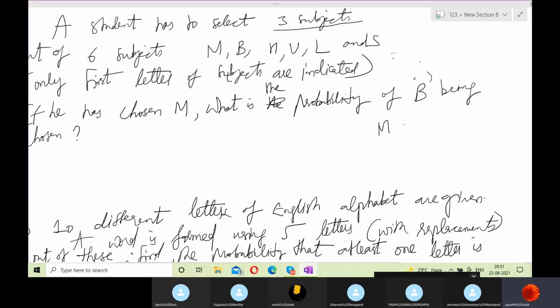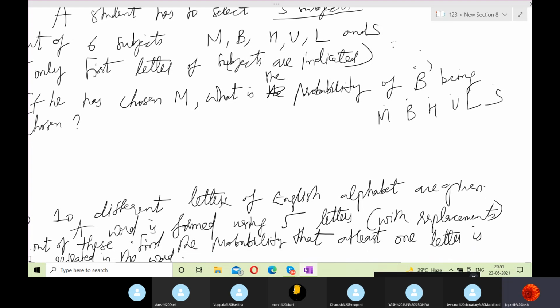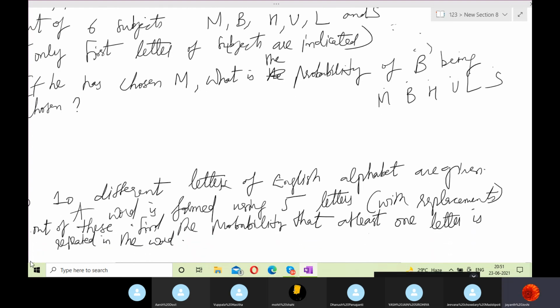So there are 6 subjects. That is M, B, H, U, L, S. 1, 2, 3, 4, 5, 6. Out of this he has to select 3 subjects. So every one of you knows the probability of selecting 3 subjects out of 6 subjects; here we are just selecting, we are not arranging. So it is combination, correct? But it is not that easy. They have given some points here which you need to remember.